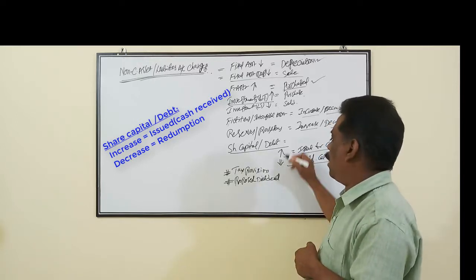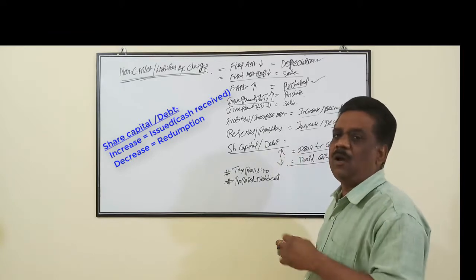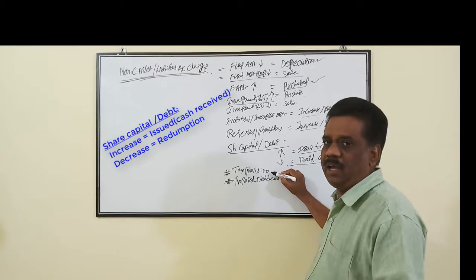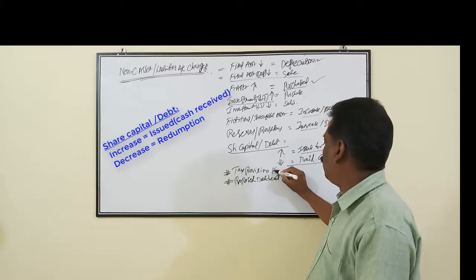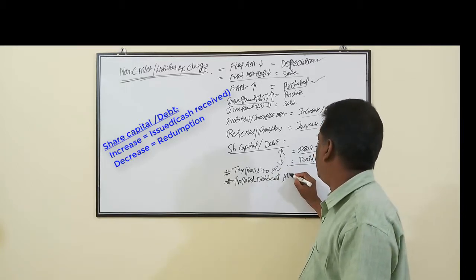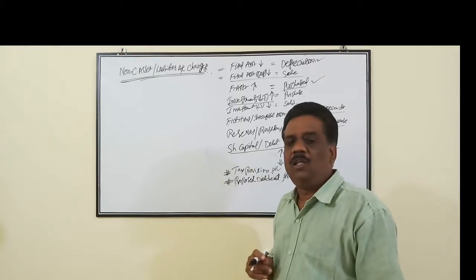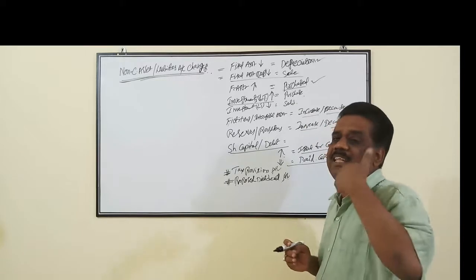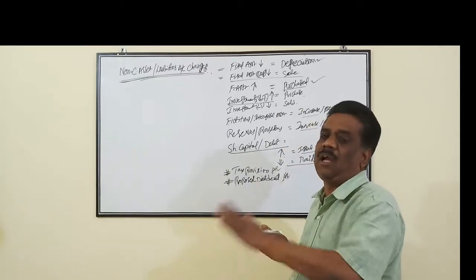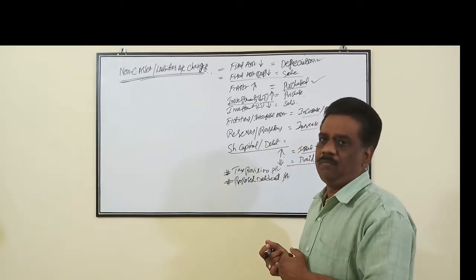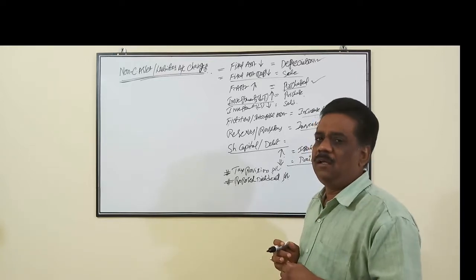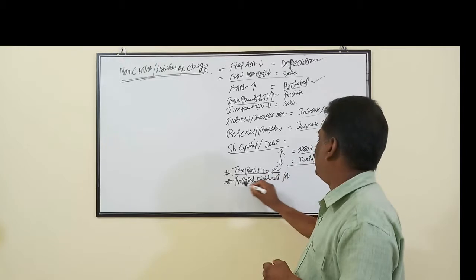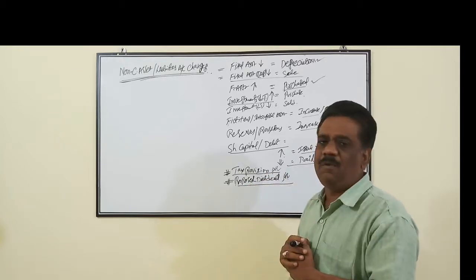Then, apart from all these, there are two accounts which come in our way: one is the tax provision account, another is the proposed dividend account. These two can be considered either current liability or non-current liability. Unless specified, one approach is always that those two items are non-current liabilities accounts.